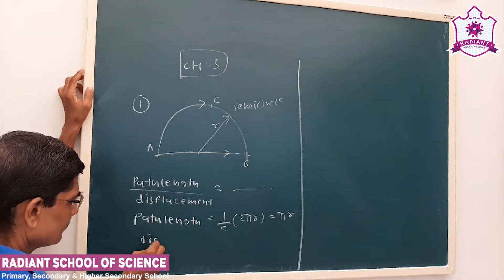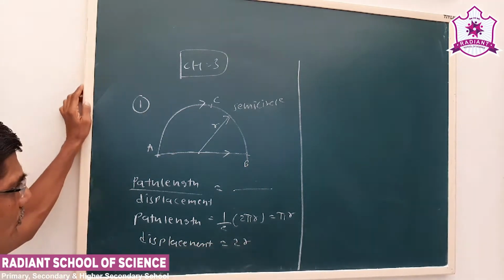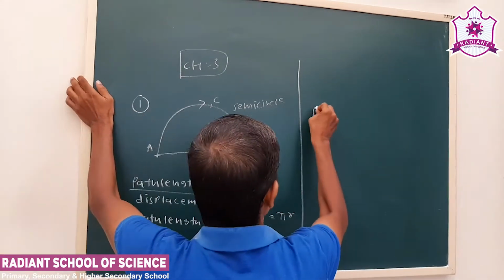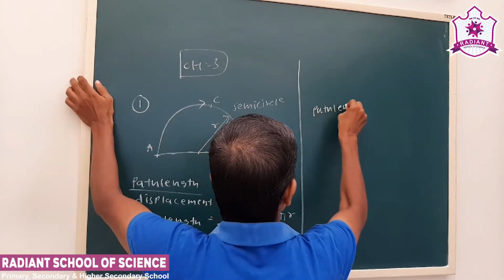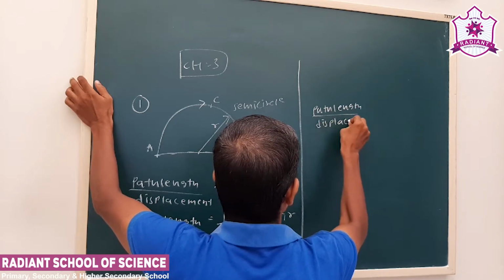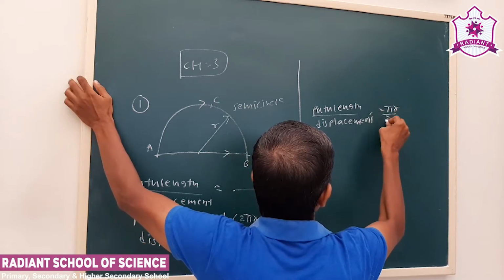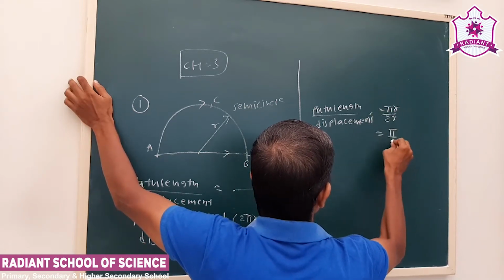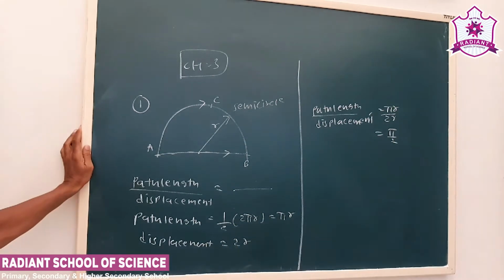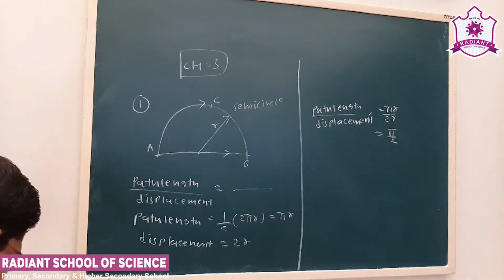So here displacement is 2r. So what ratio will we get? Path length to displacement. This is how we can get the ratio of the path length to displacement.